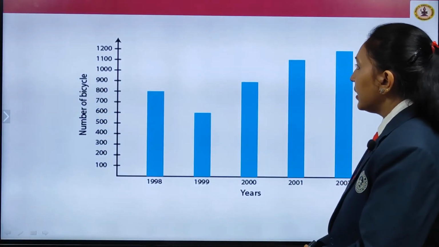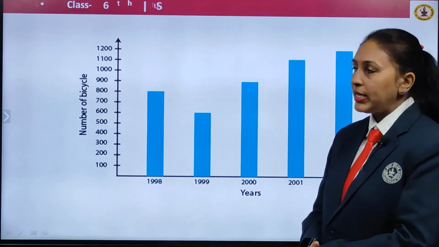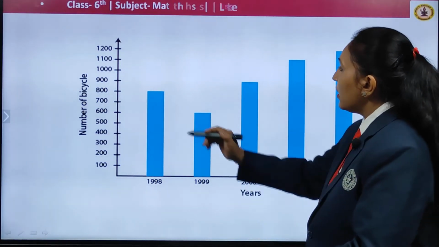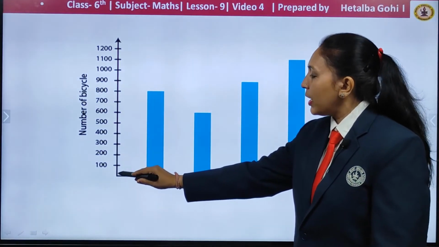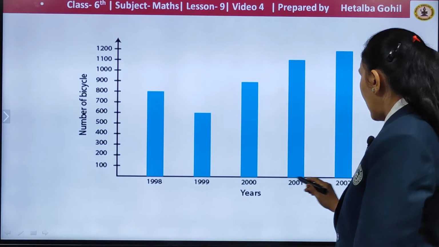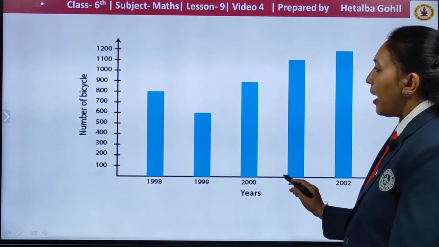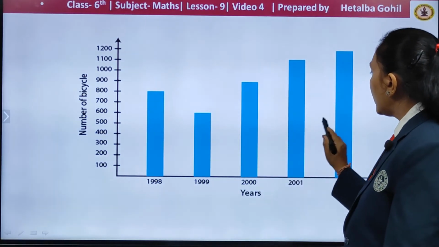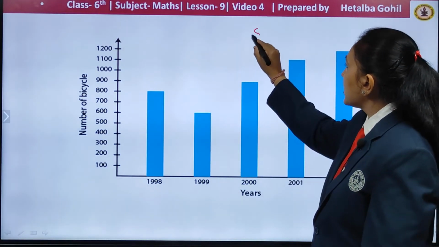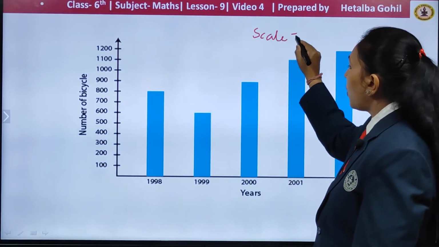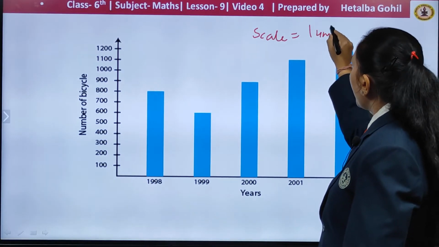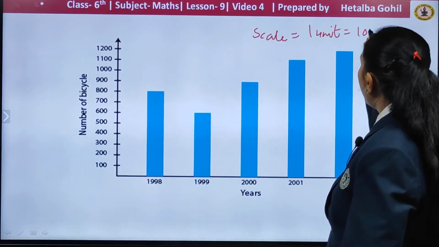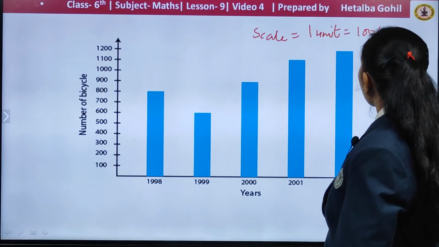And this is the graph of it, children. You can see on the y-axis I have taken the scale of 100, on the x-axis I have marked the number of years, and according to the data you can see the gap between all the bars is equal. The scale I have taken is 1 unit equal to 100 bicycles.